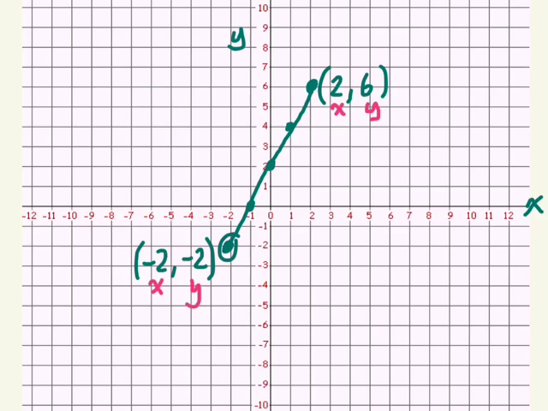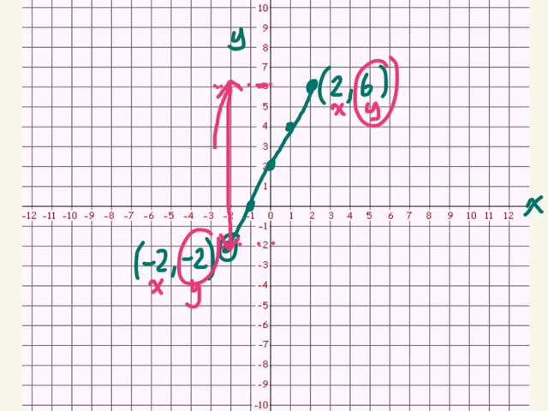If I want to know the distance, the difference between the y values, so from here to here, the vertical distance, well, I'm basically going from 6 to -2. That's how far these 2 points are. So 6 and -2.